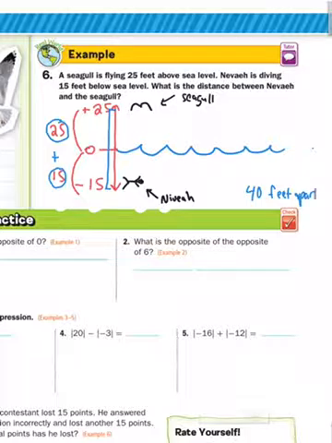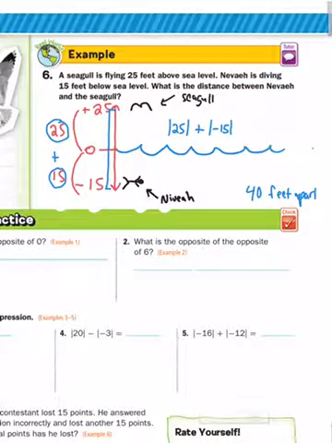Now let me show you how you could have written an absolute value addition problem for this. So the seagull is 25 feet above sea level, right? So that means it's 25 feet away from 0, or the absolute value of 25. Now Nevaeh, we have to add her distance from sea level, is 15 feet below sea level.